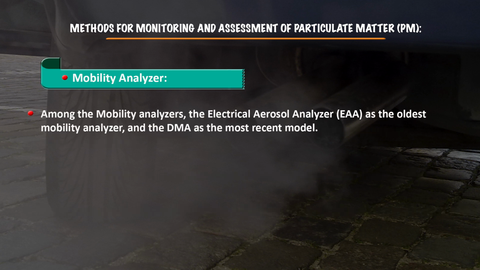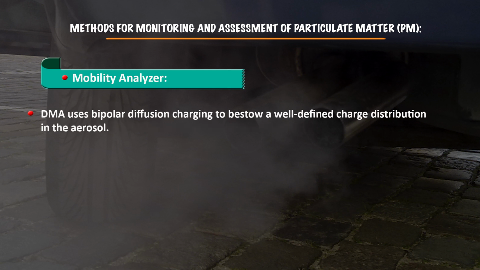And the mobility analyzer. Among the mobility analyzers, the electrical aerosol analyzer, that is EAA, is the oldest mobility analyzer which we are using, and the DMA is the most recent model. In the DMA, bipolar diffusion charging is used to bestow a well-defined charge distribution on the aerosol.